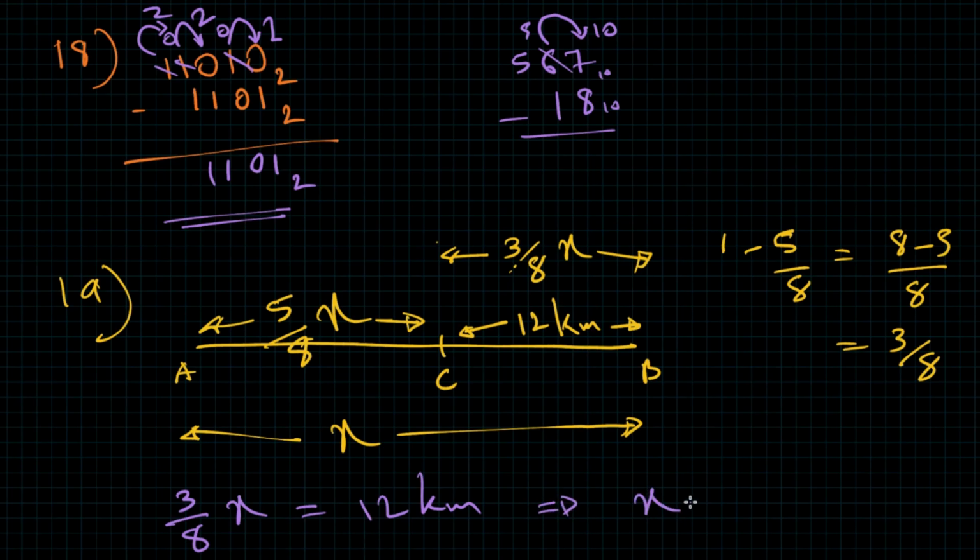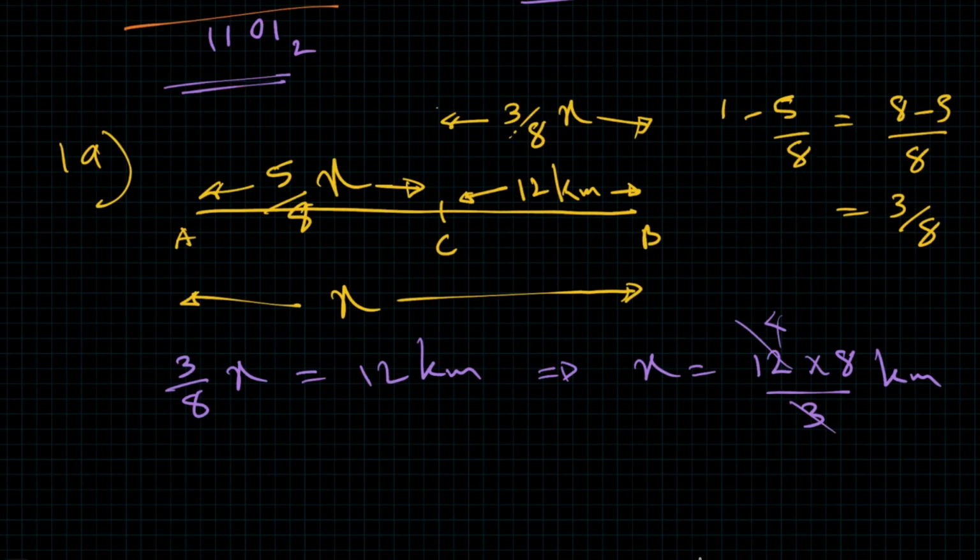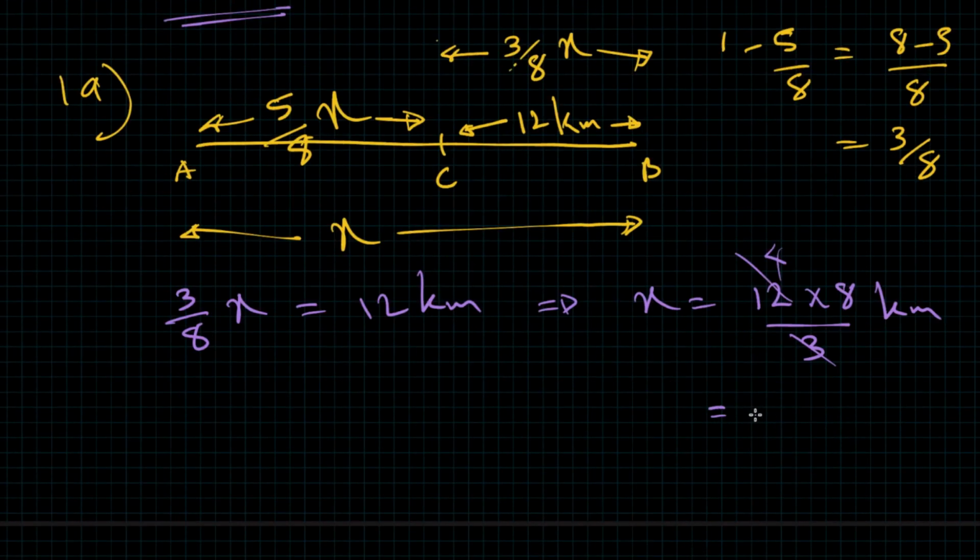This implies X equals 12 times 8 divided by 3. I'm super lazy like this, and we get X equals 4 times 8, 32 kilometers. That's how you build from a question, simplify it, try to understand it, and then find the solution.